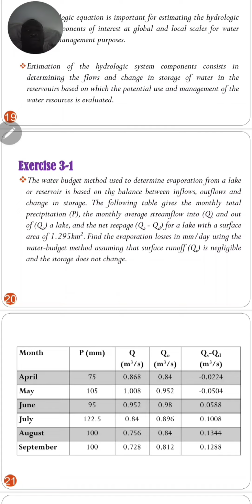3.1, the water budget method used to determine evaporation from a lake or reservoir is based on the balance between inflows, outflows, and change in storage. So the following table gives the monthly total precipitation, the monthly average stream flow into, which is Q, and out, which is Q naught, a lake, and the net seepage, which is the difference between the two, QS minus QD.